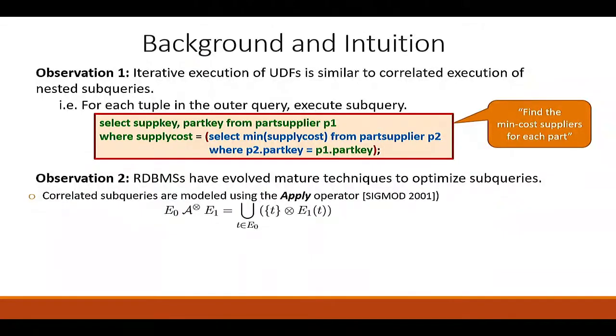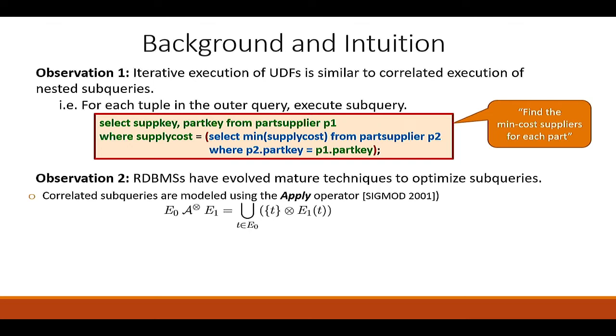So how it works is that formally it is similar to a join. It is like a higher order join in some sense. It accepts two inputs, E0 and E1, and for each tuple in E0, you evaluate E1, which is a relational expression parameterized by the tuple from E0, right?